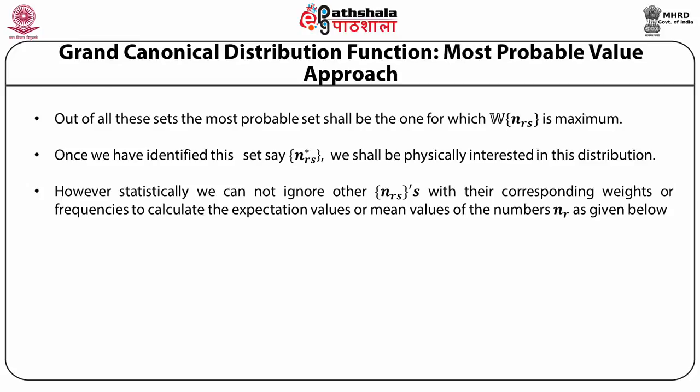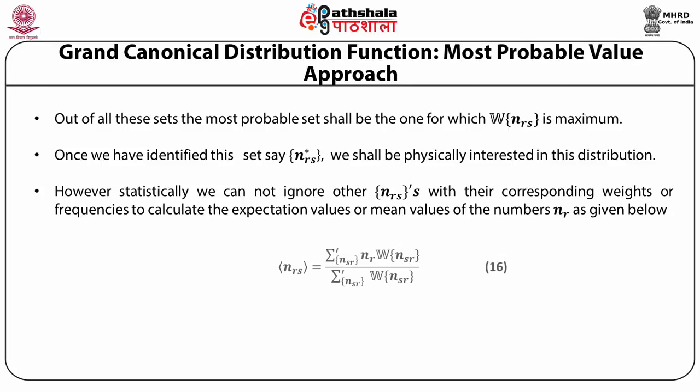However, statistically, we cannot ignore other sets N_SR dash with their corresponding weights or frequencies to calculate the expectation value or mean values of the number N_R, as given below.